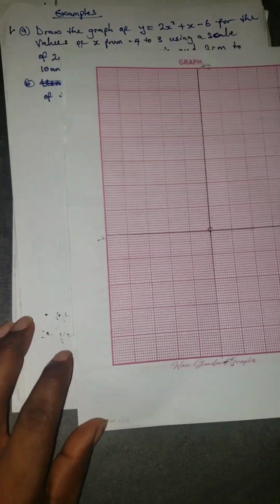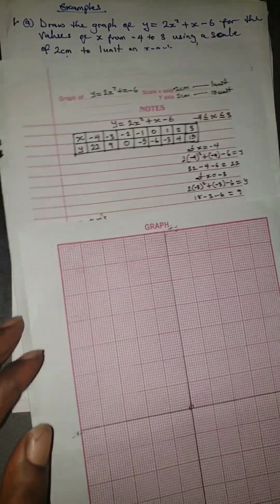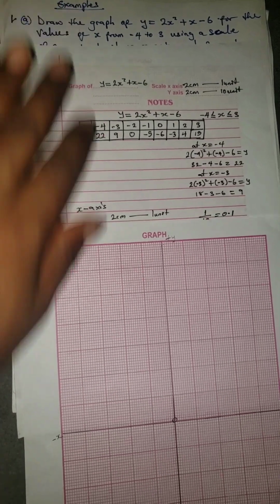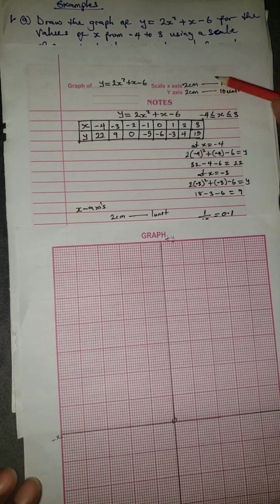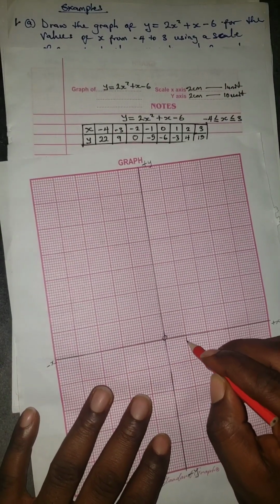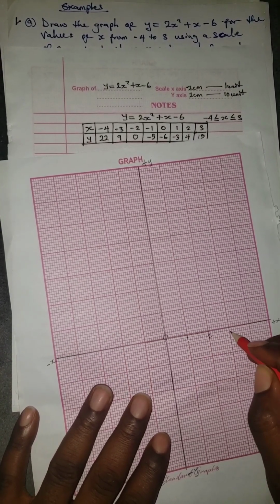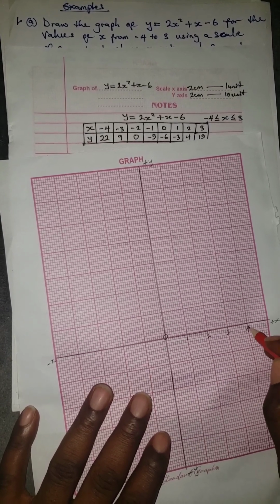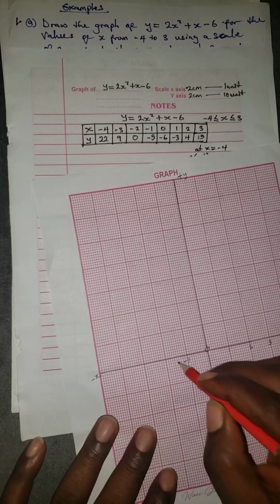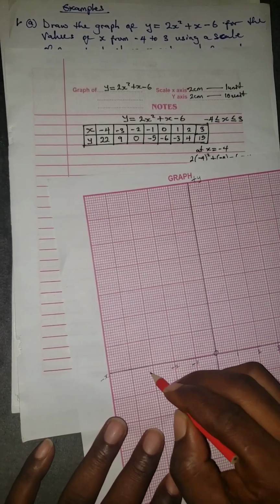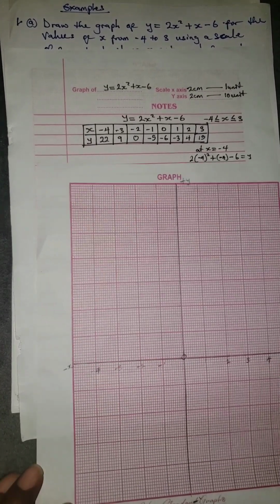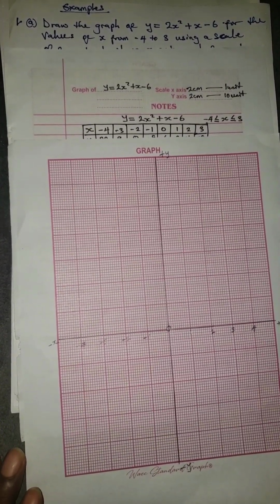I'm going to use the scale given to us to label the graph. On the x-axis, 2 cm to 1 unit. So every 2 cm will give me 1 unit. So here is 1, here is 2, here is 3, here is 4. So I have minus 1, minus 2, minus 3, minus 4. So I have labeled the x-axis.